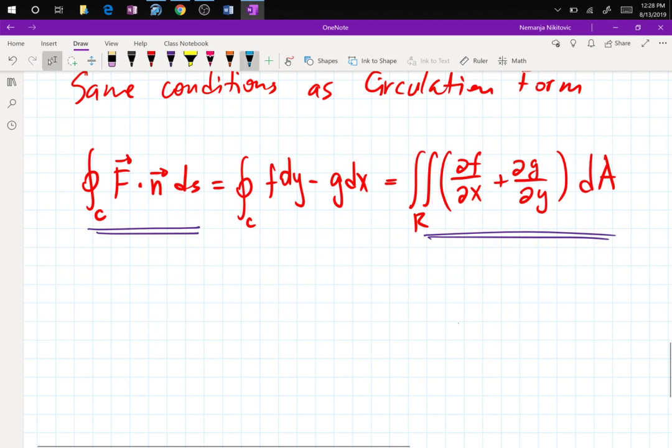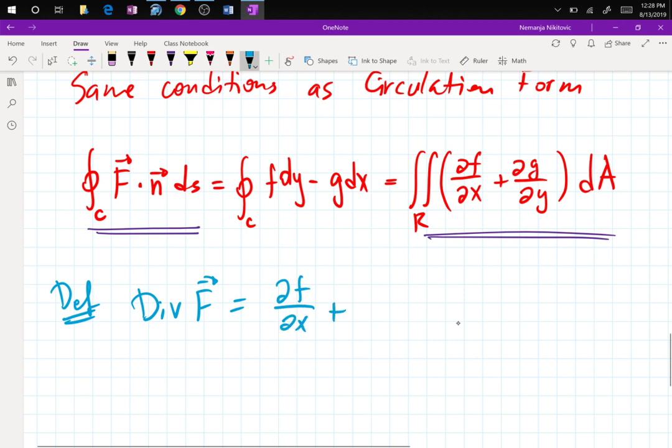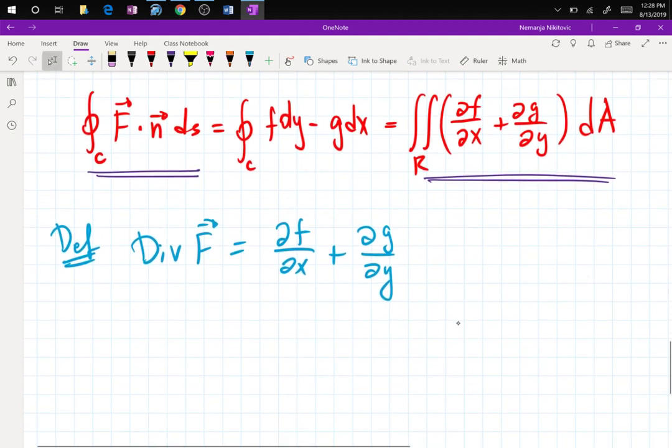Coupled with this, the definition: the divergence of F is given by partial f partial x plus partial g partial y. And another definition: if the divergence of the vector field F is equal to 0, we say that the vector field is source free.